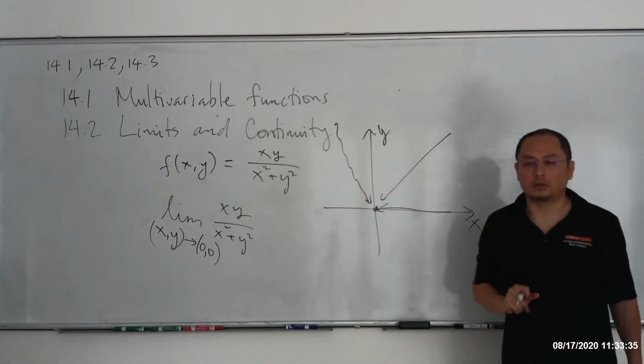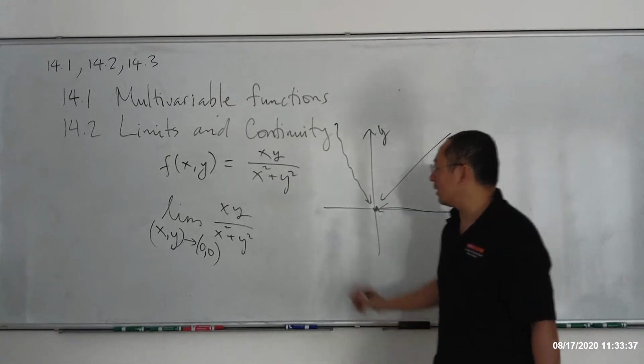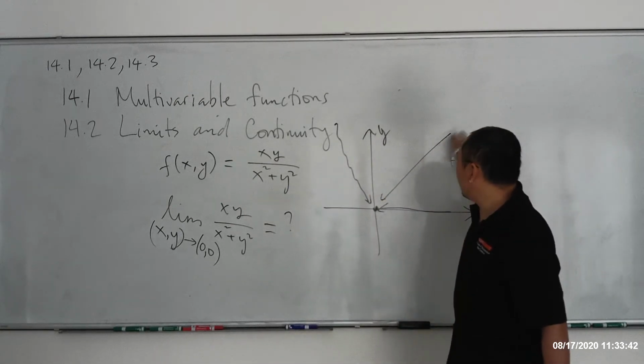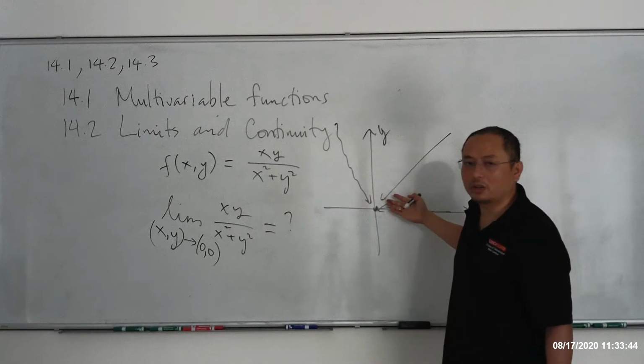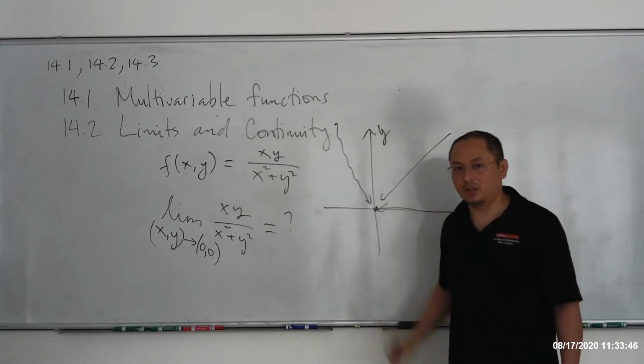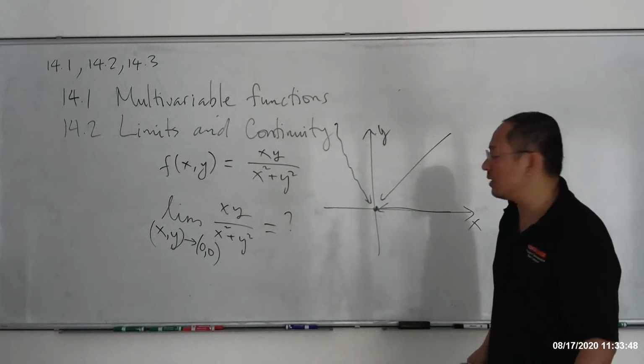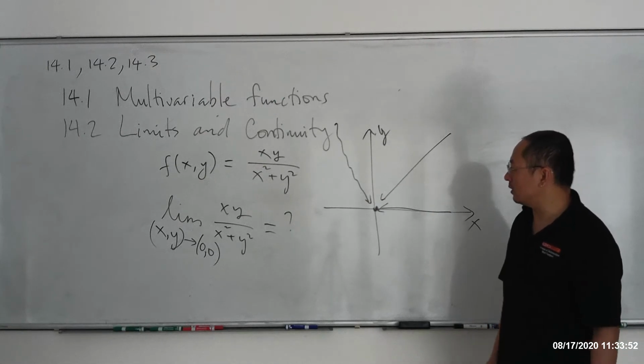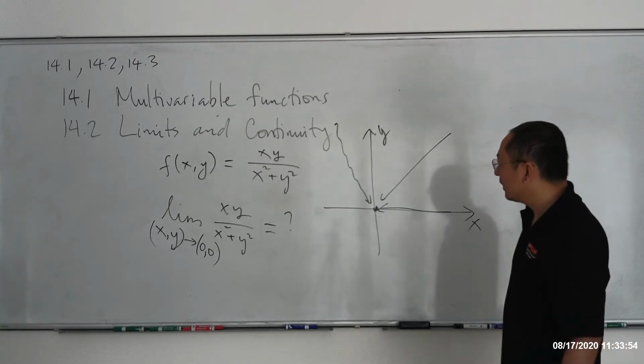And if you want to prove that the limit does not exist, all you have to show is what? The limit from one direction gives you a different value from the limit from the other direction. And if you don't have the same answer for two directions of going to the same point, then you don't have the limit. That was the idea.